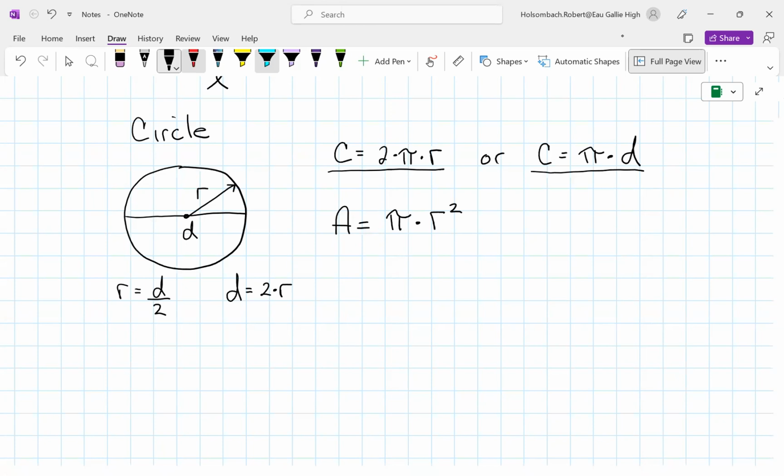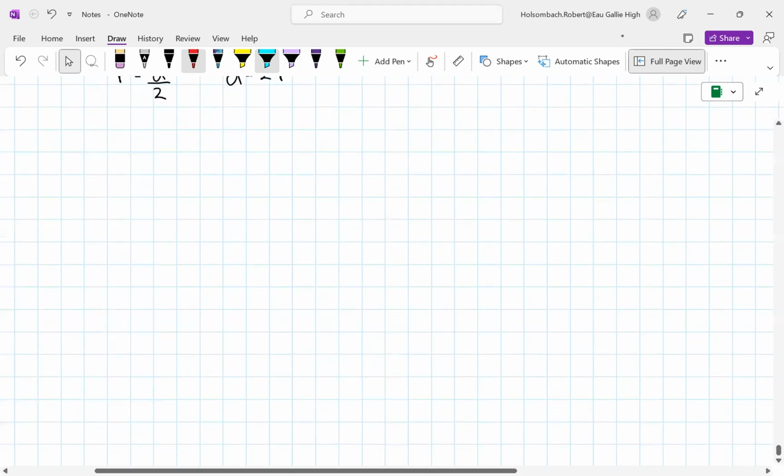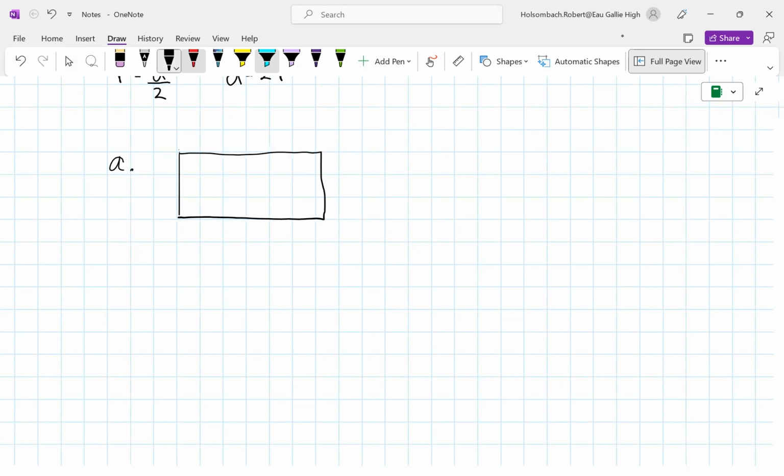All right, so now we're going to take each of those 4 shapes and we're going to find the perimeter and area of each. So we're going to start with that rectangle in example 2A. And we've got a 3.2 centimeter dimension and a 2.1.